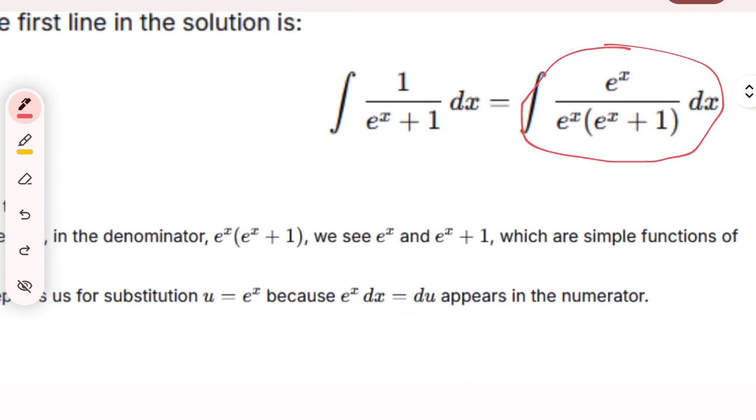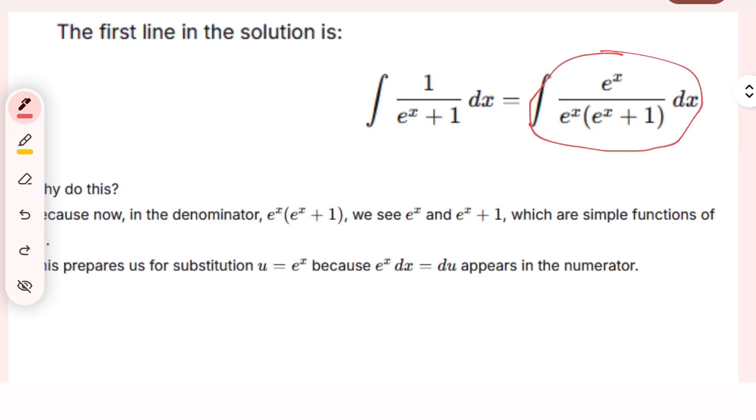So why do we do this? Why do we need to multiply it by e to the x? This is in preparation, because later on we will let u be e to the x, and from that we can compute du.